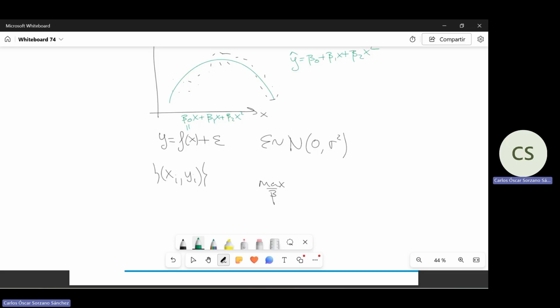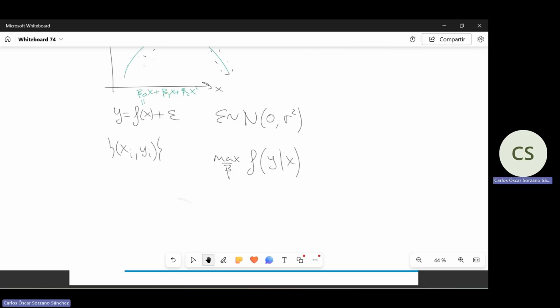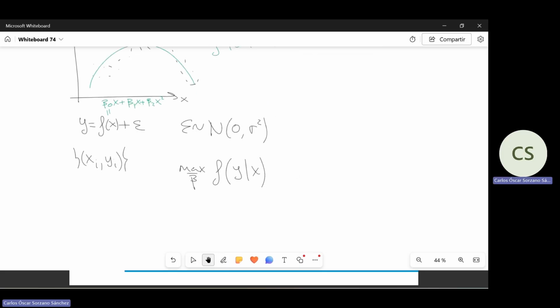I will try to find the beta parameters, because f is expressed with them, such that the likelihood of observing the y's given the x's is maximized. And this likelihood is coming from this distribution.